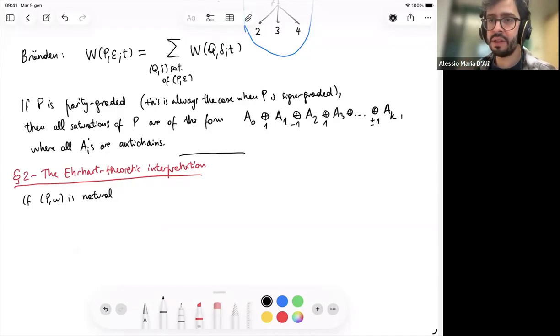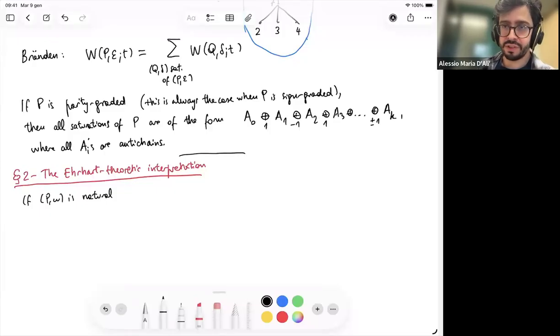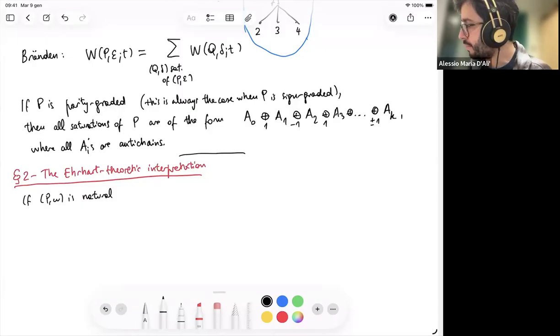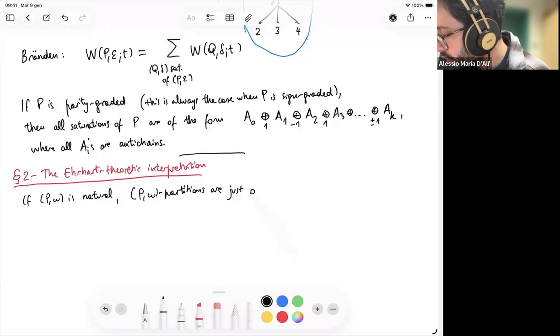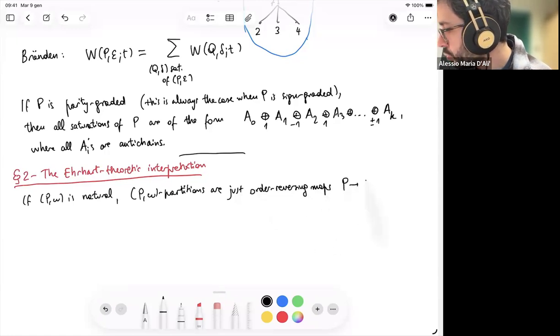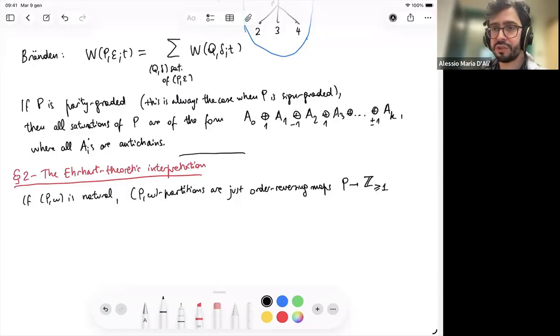When that happens, if I'm thinking of (P, omega)-partitions, I'm just getting order reversing maps. Let me write it down. (P, omega)-partitions are just order reversing maps from P to integers greater than or equal to 1.